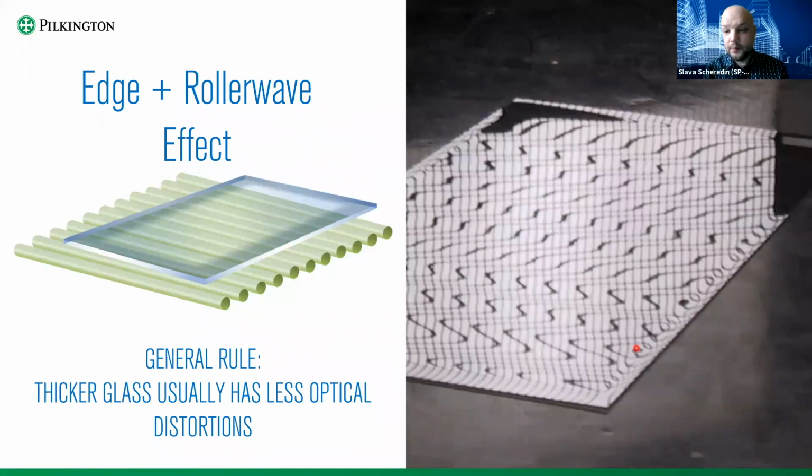The thicker the glass, the better the results. Because thicker glass has much less bending from climate load, and it usually has much less optical distortion left from tempering. So while roller waves can be avoided, edge kink again is unavoidable because of the tempering furnace's inner workings, inner construction.